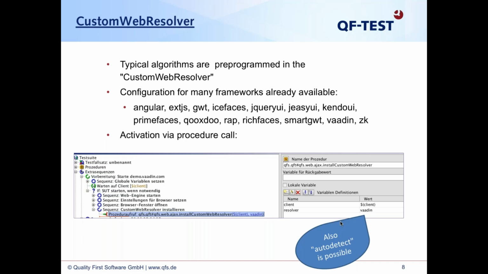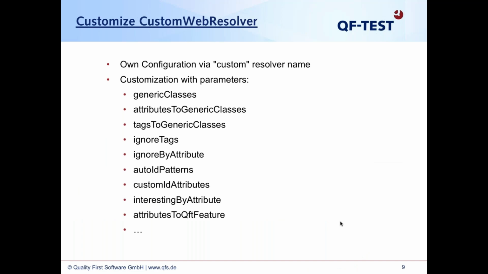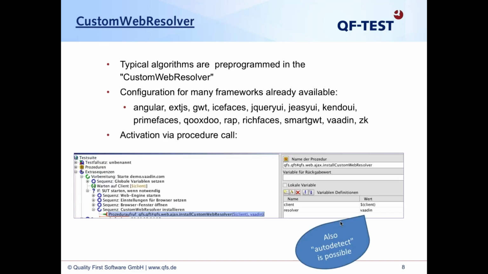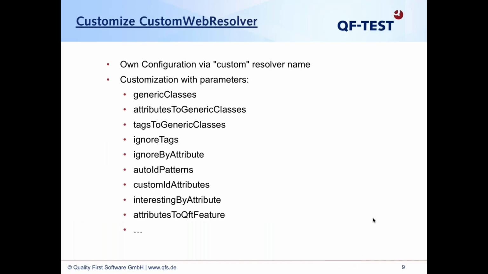But probably your developers have also been creative, or they've used another framework and you need some custom modification. Since it's named CustomWebResolver, well, it's customizable. So let's see how to customize the CustomWebResolver. To customize it, simply write custom in the name field. So where we have auto detect or Vaadin written, we can also write custom.